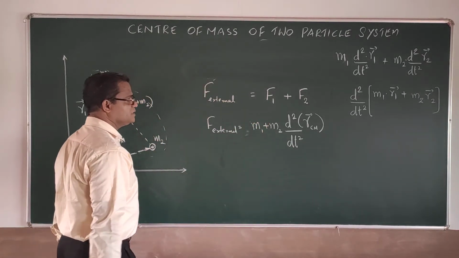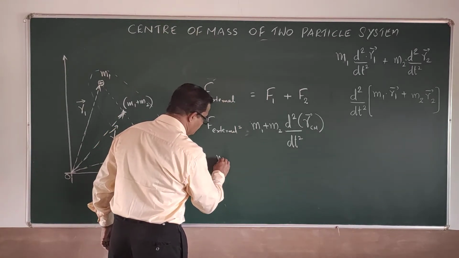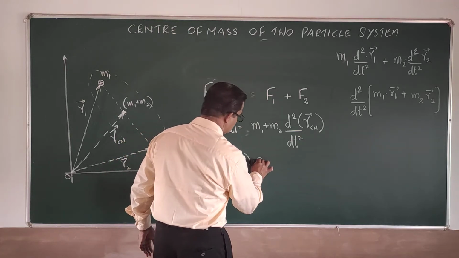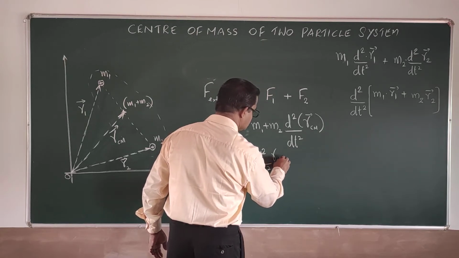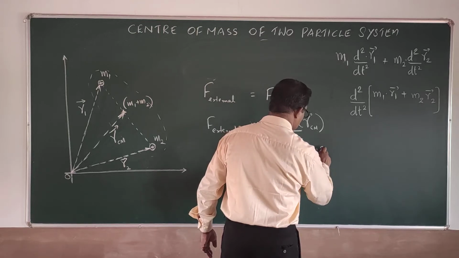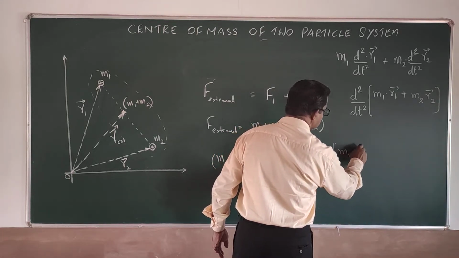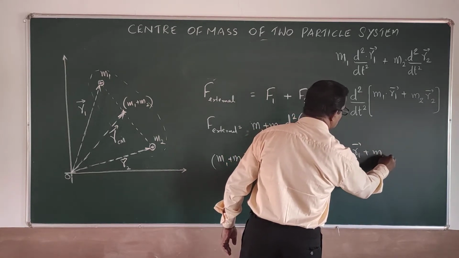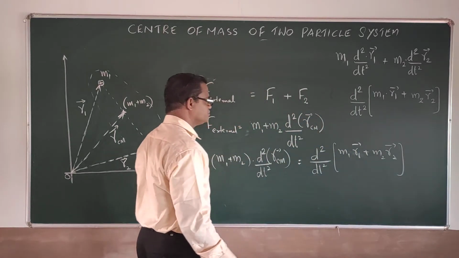Now when I compare these two, you can get m1 plus m2 into d square by dt square of RCM will be equal to d square by dt square of m1 r1 plus m2 r2. Correct.